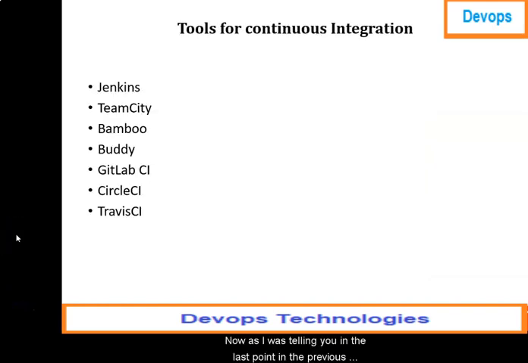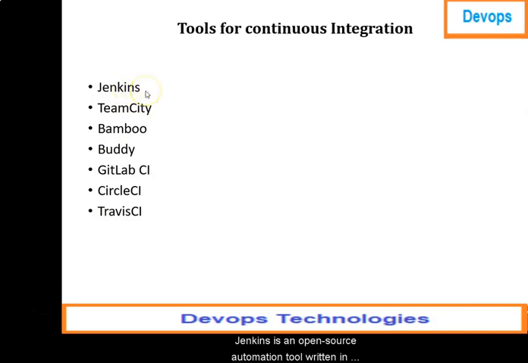As I was telling you in the last point on the previous slide, there are many continuous integration tools like Jenkins, TeamCity, Bamboo, etc. And others are Buddy, GitLab CI, Circle CI, Travis CI. But out of these, in today's market, the ultimate tool for continuous integration is none other than Jenkins.